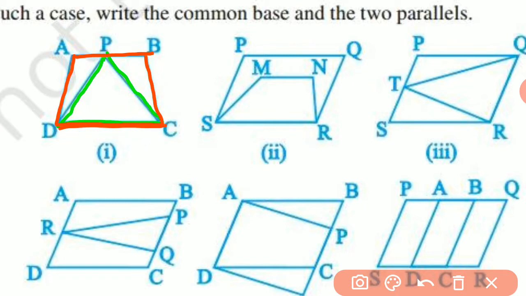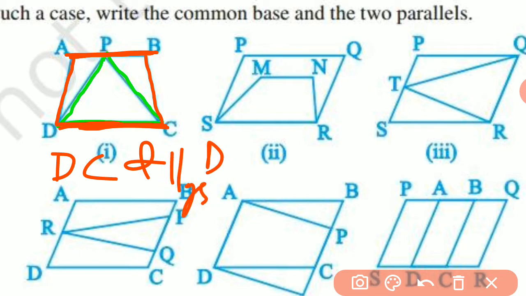Here AB is parallel to DC, so we can say that this triangle PDC and quadrilateral ABCD lie on the same base DC and between the same parallels DC and AB.